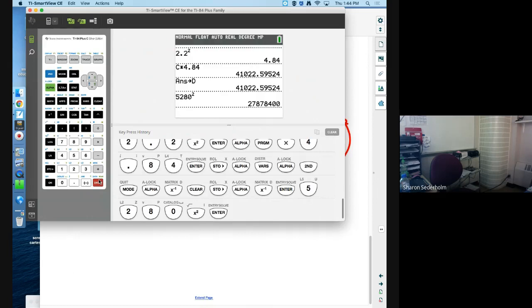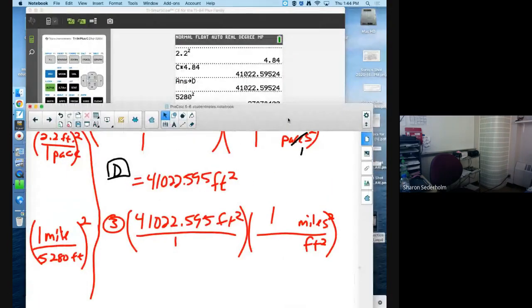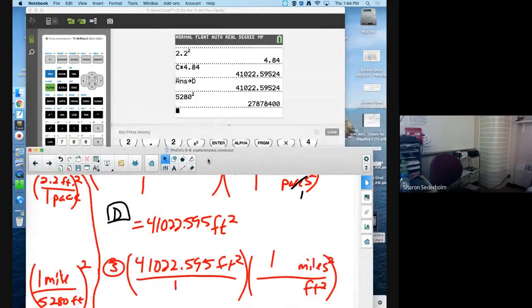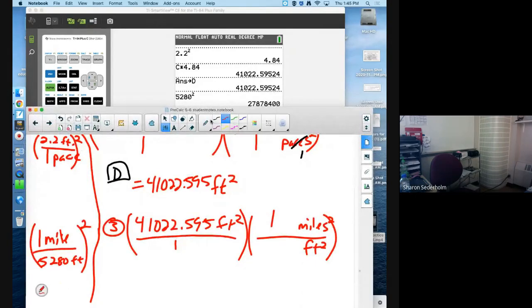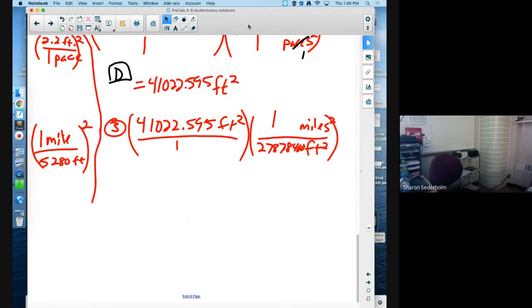There it is. Get this to where I can see that and still write this down. All right. So we're going to be able to cancel out square feet. Top times top will still leave us with 41,022.595 times 1, not going to change it.